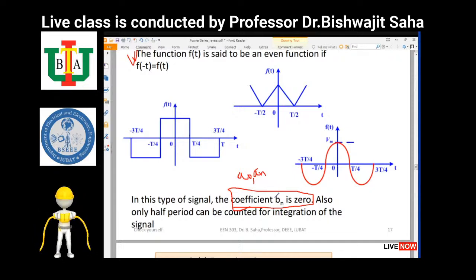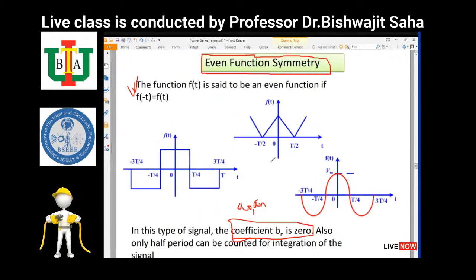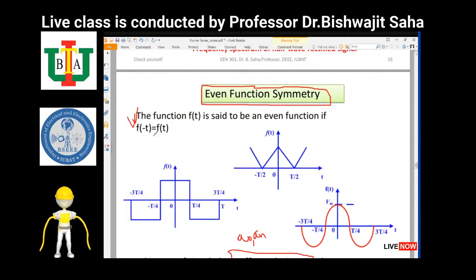However, we need to know what is the condition to be an even function symmetry. Here, you can see f of minus t equals f of t.